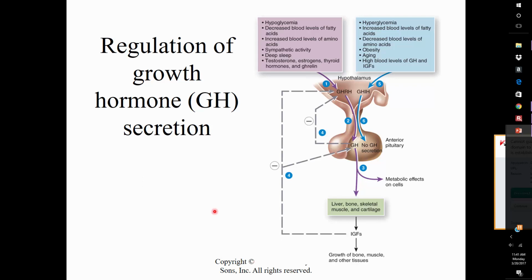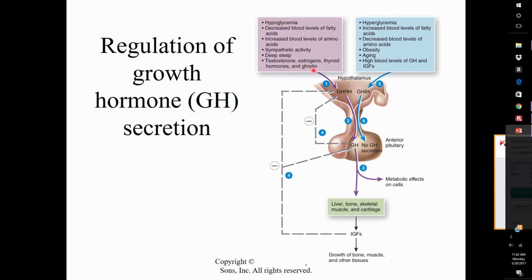So here are a lot of the things that can stimulate growth hormone. All right. So if you have low blood sugar, that's a major stimulus for the growth hormone pathway. If you have fewer fatty acids, if you have increased levels of amino acids, the sympathetics, deep sleep, and some other hormones like testosterone and estrogen, thyroid hormones.